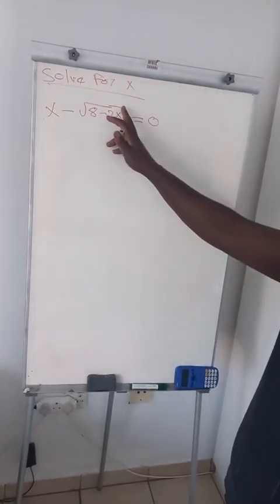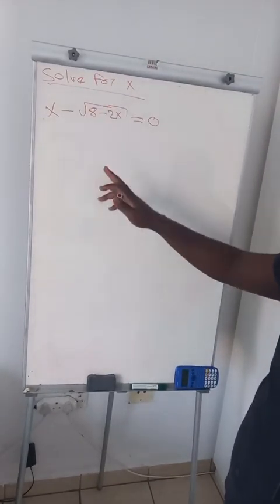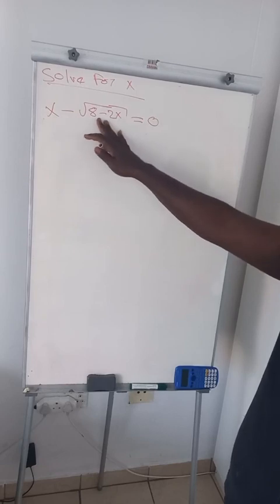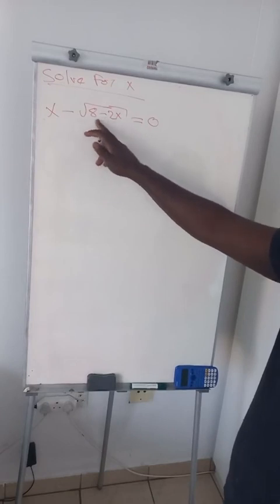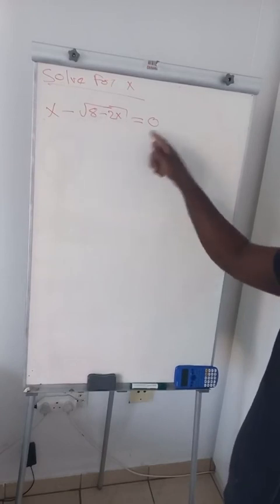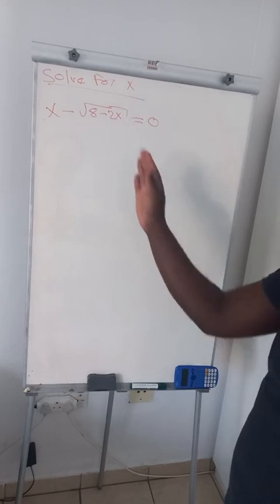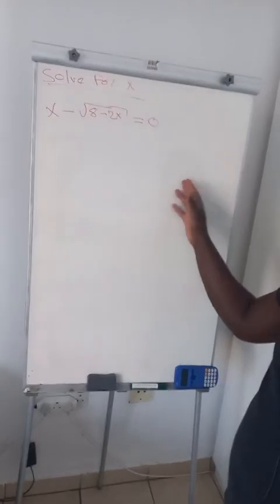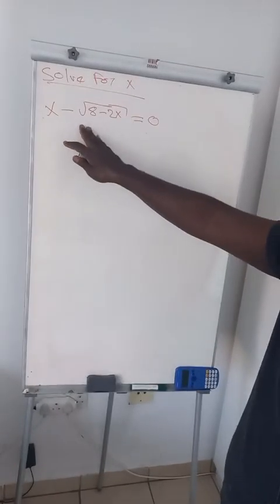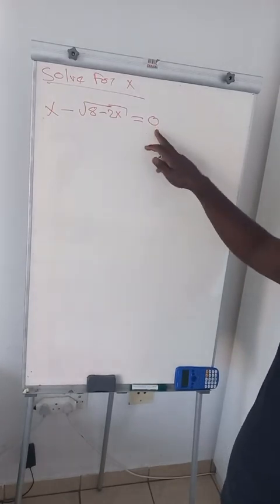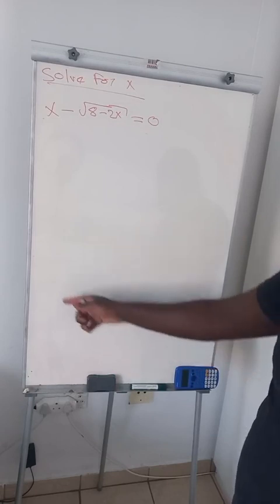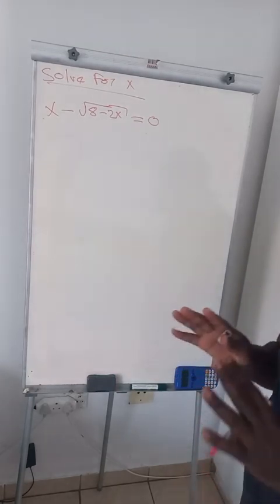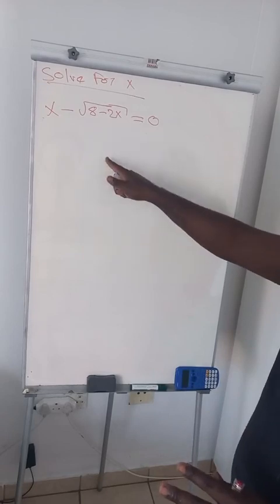When I say SAD, it's just this square root here. Every answer you get after solving, you need to come back and replace to check that you get the same answer on both sides, the left hand side and the right hand side. The answers you replace here are supposed to give you 0 so that they can be correct. If they don't, those answers are not part and parcel of the solution to this question.